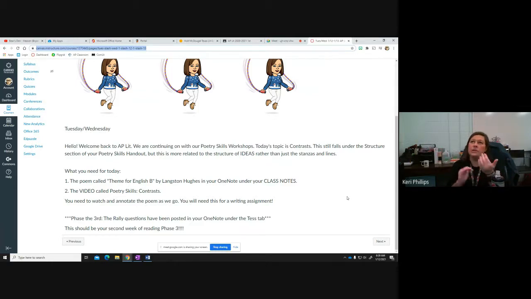But then when you start looking at relationships between ideas, contrast is a way to structure the ideas in a poem, is to set opposites side by side, or things that seemingly don't have any similarities, and then you set them side by side, and it emphasizes either the stark differences or an unusual similarity that maybe you hadn't seen before.